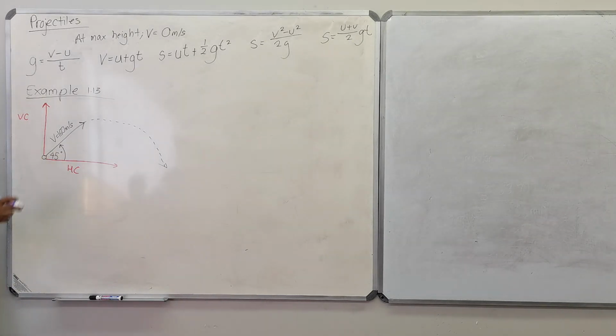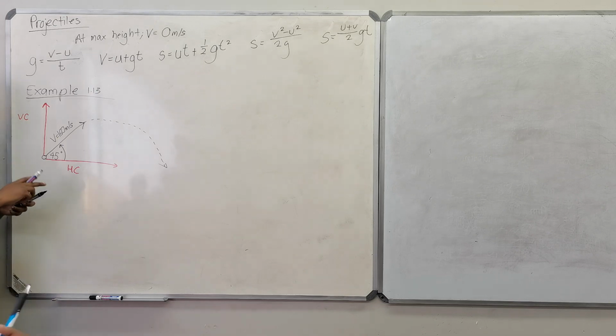How would you get this value? And how would you get that value? So you have to use your sine. Tell me what you would do. First you have to say positive, negative.